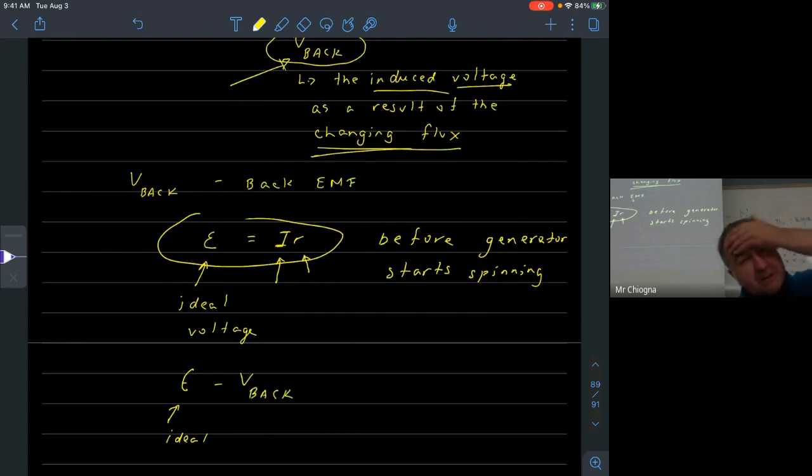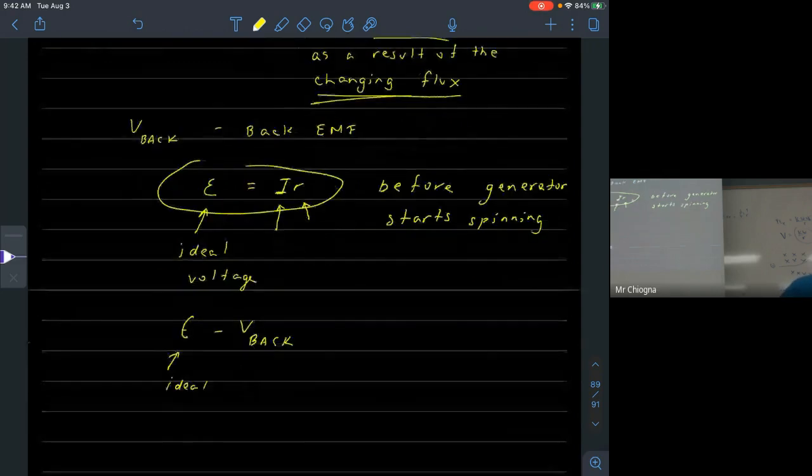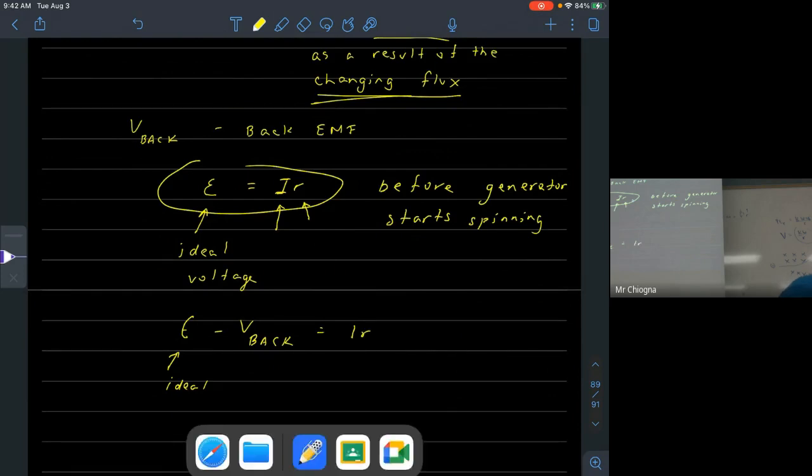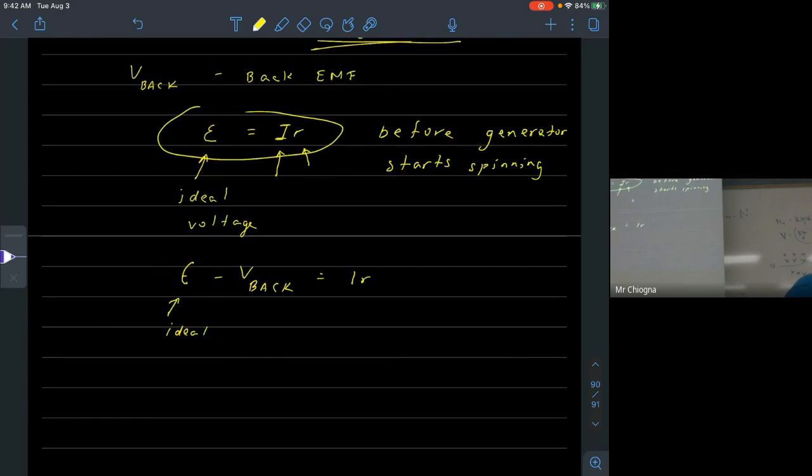It's going to be in the opposite direction to offset the spinning, or what the spinning induces. Okay? This is the equation when the generator spins.